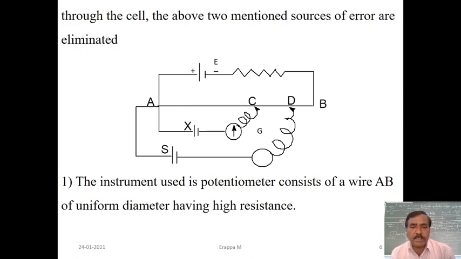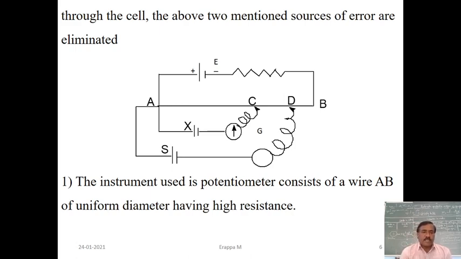The figure shows how to determine the EMF of a cell by the compensation method using a potentiometer. A and B are the two ends of the platinum wire, E is the source of battery, X is the experimental cell, S is the standard cell, and G is the galvanometer.